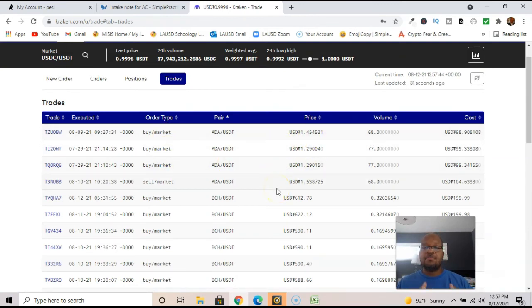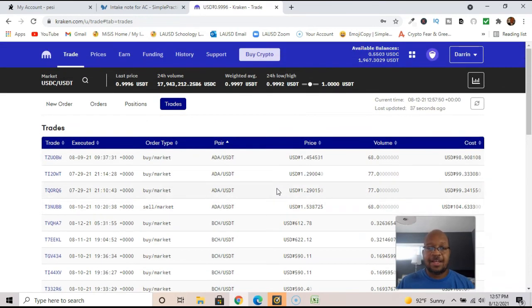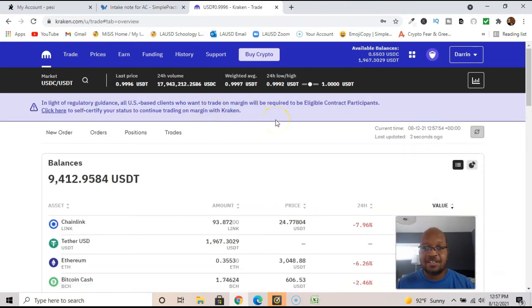Now, we do have some really cool updates and features in CopyPro Traders, but I always use Kraken. I'm old school. I want to know what's happening in my own exchange because that's the most accurate information you can find.